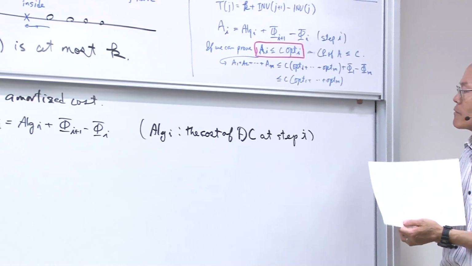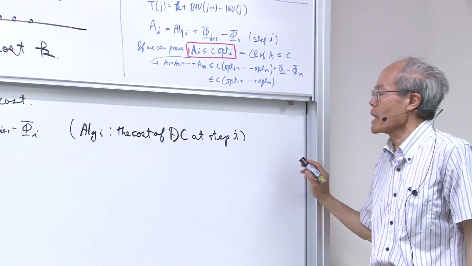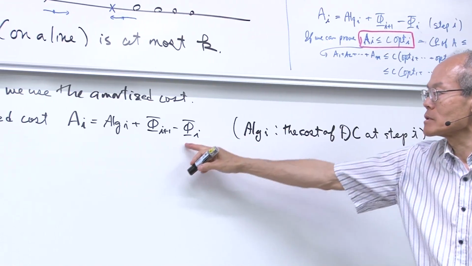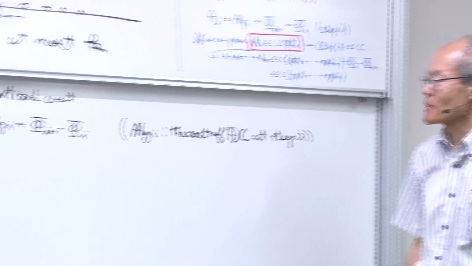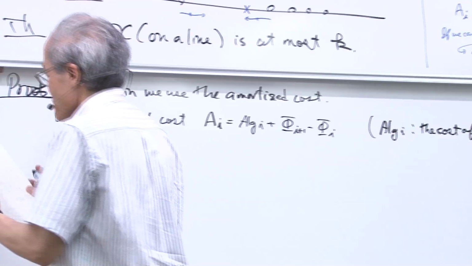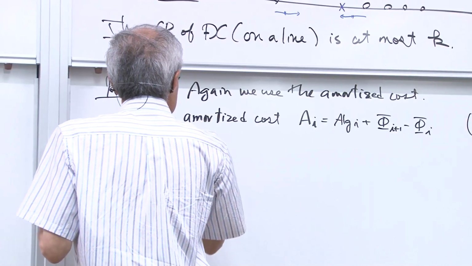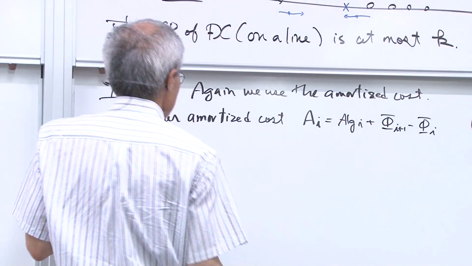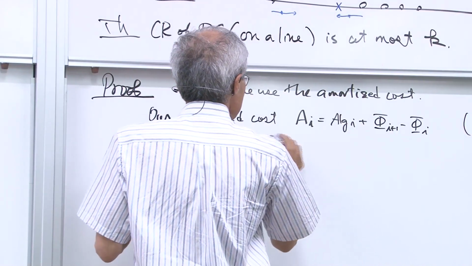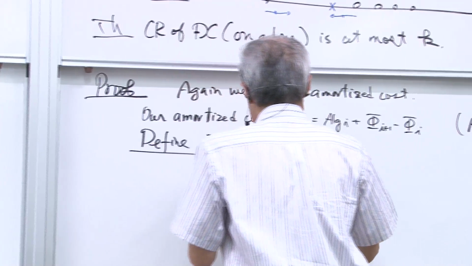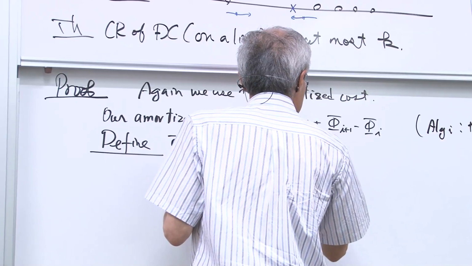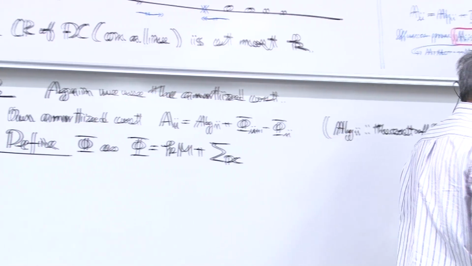ALGO I is, of course, the cost of our algorithm DC at step I, plus phi I minus phi I minus 1, and I'll show you what this function phi is. Okay. So define phi like this.